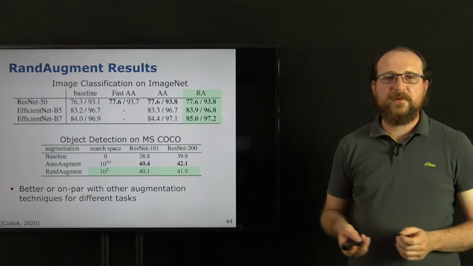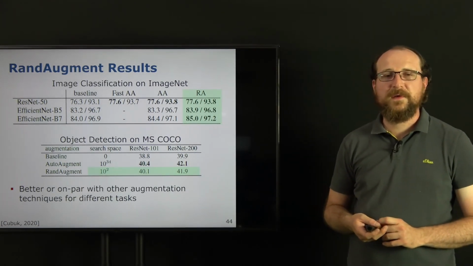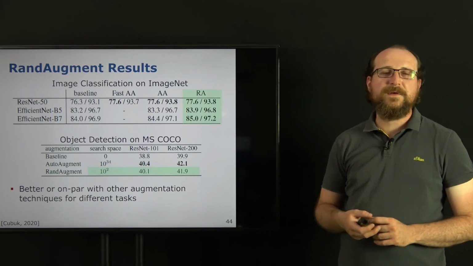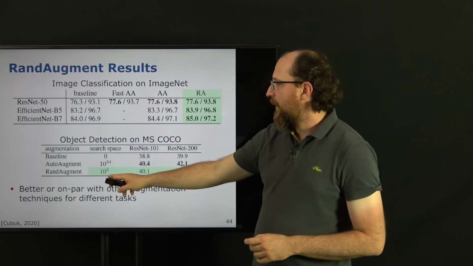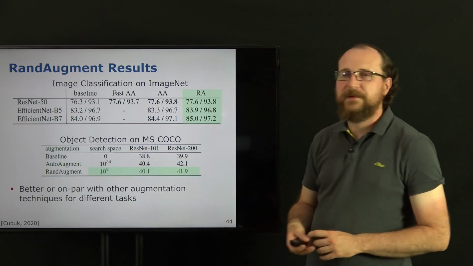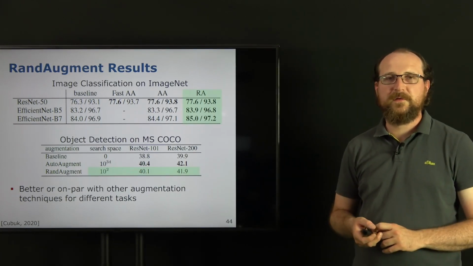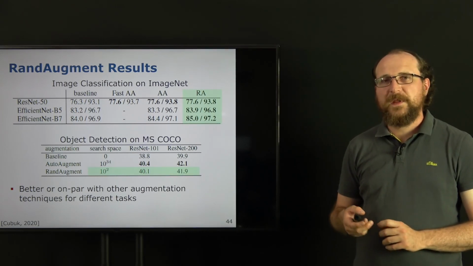And the performance may be better than other automatic data augmentation methods, but the advantage is that it doesn't need some additional training on top of this. As you can see here, the search space over different augmentations is drastically reduced in the end, because it's just these two parameters that you have to find to get a good result.